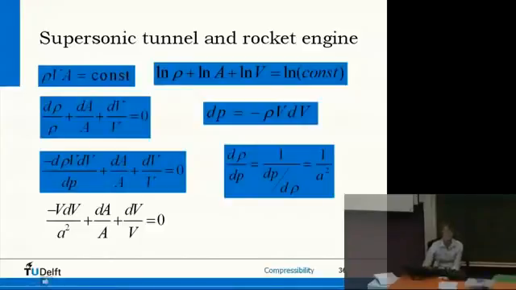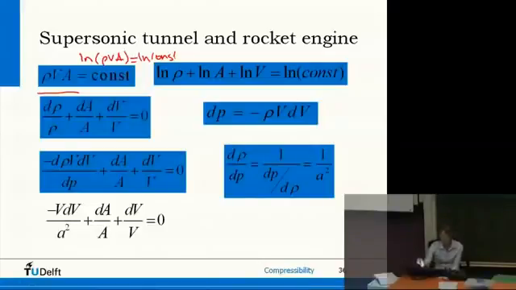To get them a bit separate, we perform a trick, and we take the natural logarithm. So we say, the natural logarithm of rho V A is equal to the natural logarithm of the constant. You can do that. And then you have to realize that ln(rho V A) is the same as ln rho plus ln A plus ln V is equal to ln constant.